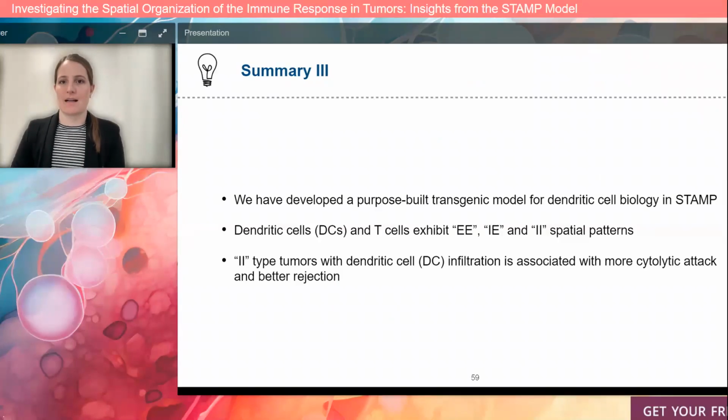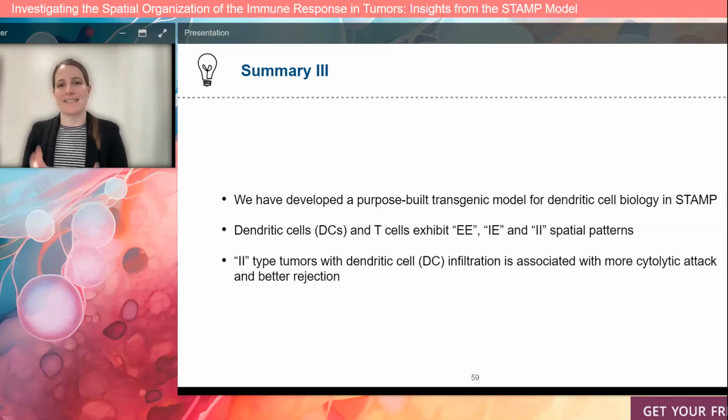All right. So in this section, I've shown you we've developed a purpose-built transgenic model for dendritic cell biology in STAMP. We've shown that dendritic cells and T cells exhibit these doubly excluded, doubly inflamed, or the mismatch dendritic cell excluded, T cell infiltrated spatial patterns.